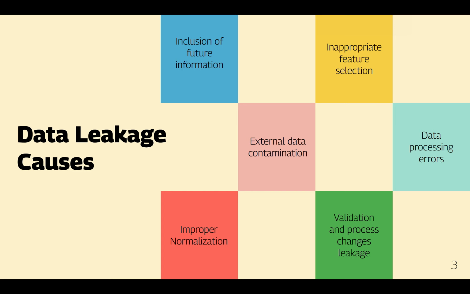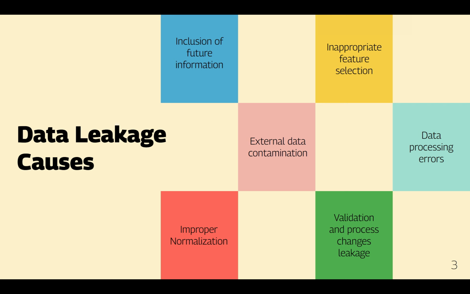All right, so data leakage causes. There can be different causes for data leakage. Some include inclusion of future information, inappropriate feature selection, external data contamination, data processing errors, improper normalization, validation, and process changes leakage. So the type of cause determines if the model will underfit or overfit as a symptom.